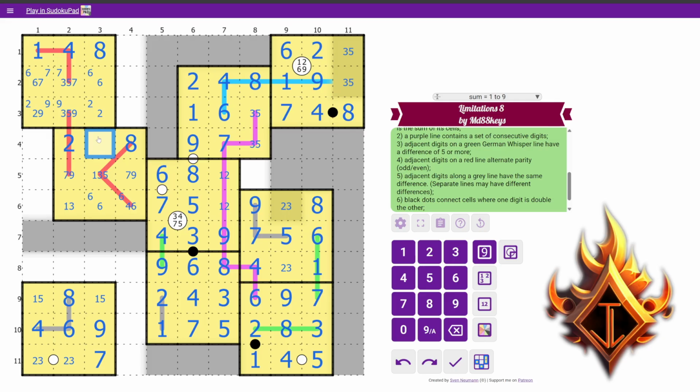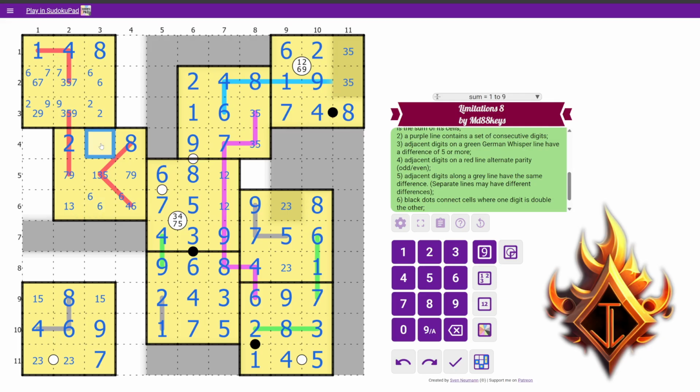This one, 2, 8. This one can be 1, 3, 5. This one can be 1, 3, 6. 2, 3.